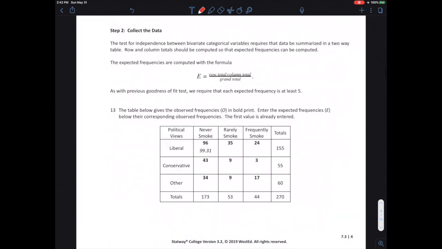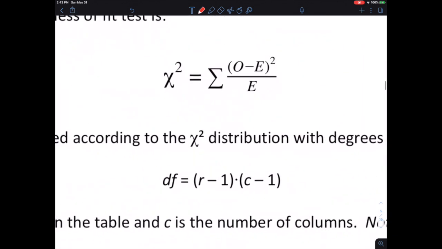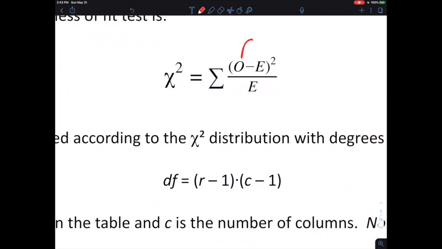Let's find it real quick. So here's our chi-square test statistic. You have the observed frequencies here. You have the expected frequencies. And expected frequencies are always n times p.